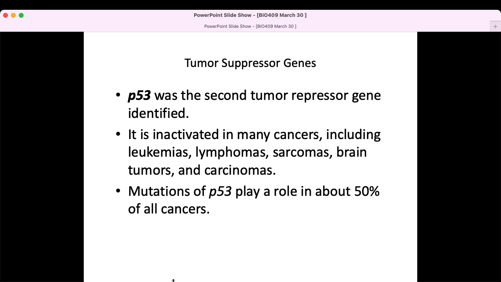So, P53 is a tumor suppressor. That's going to be another one that's going to somehow inhibit the cell cycle. And just to jump to the bottom line, P53 is a transcription factor, and one thing it can do is it can bind to P21 and activate it. And P21 is an inhibitor.